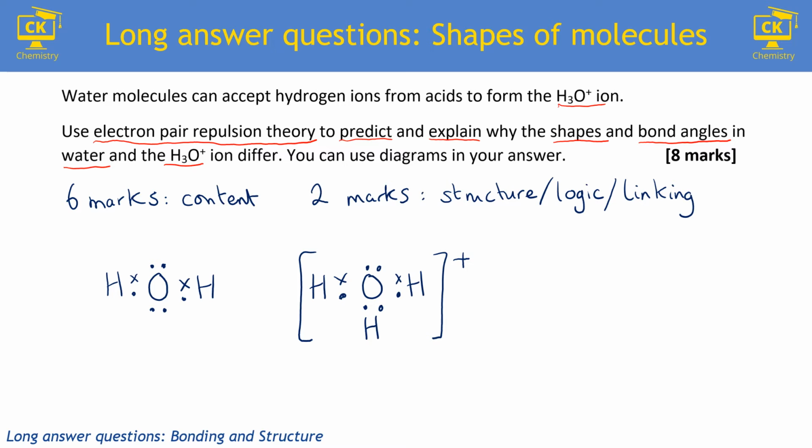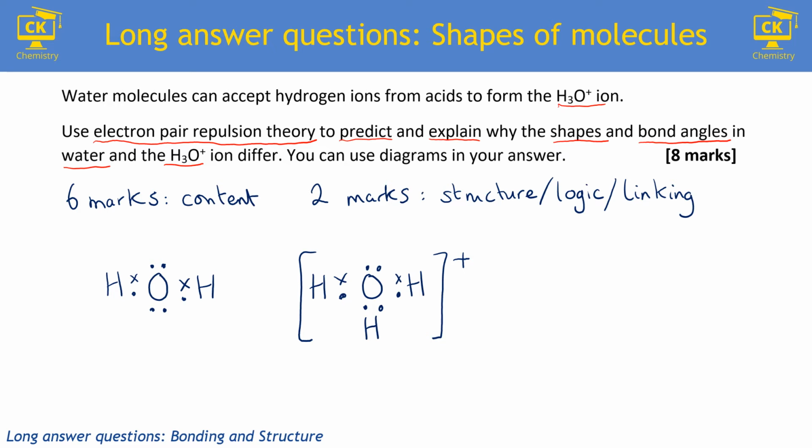Now the positive charge is not important really in this question, it's not important for the shape, but it is there. And I would then think about counting the areas of electrons.